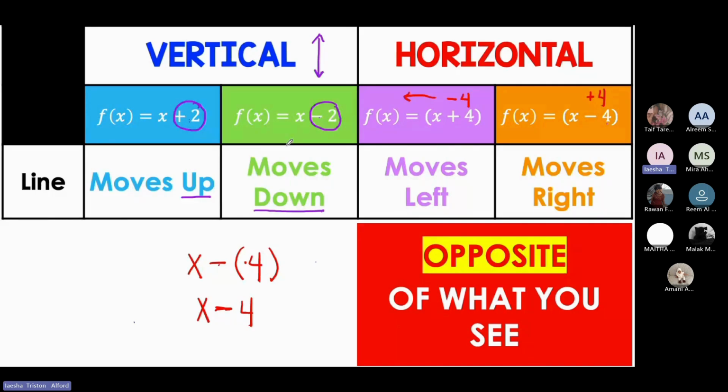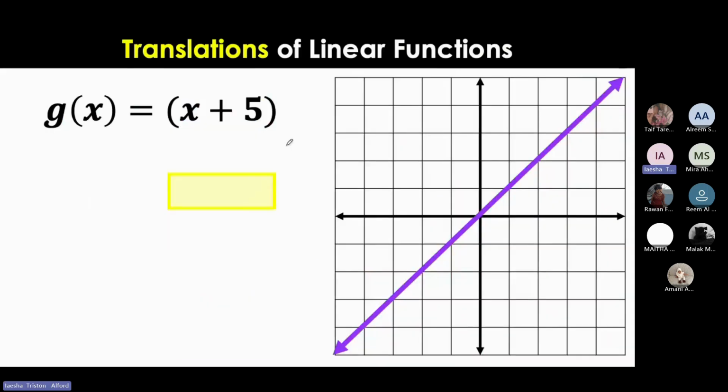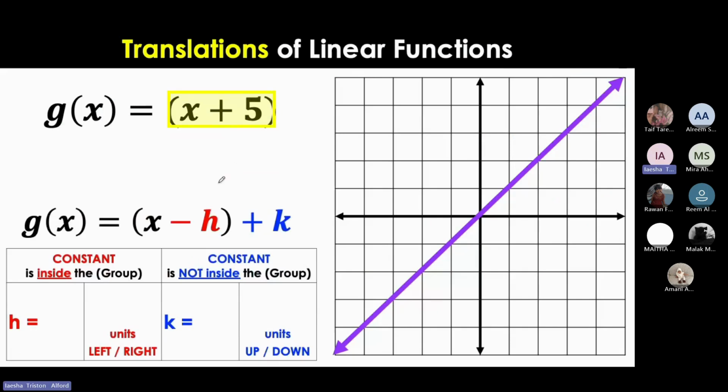So let's try one. Focus here. The number we see, do we call it h or k? h. How do you know it's h? Because it's in the group. Now, what do you see with your eyes?